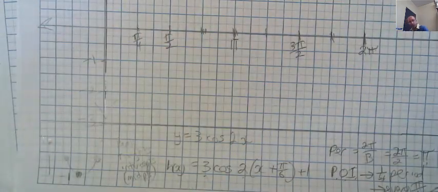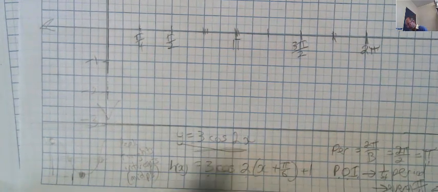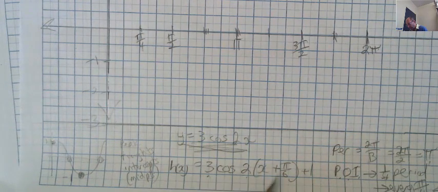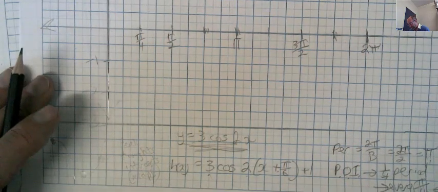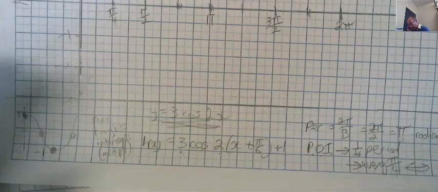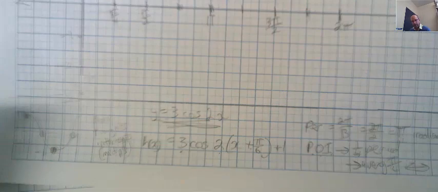Without worrying about the translations, just looking at the shape. So that's what we're going to do first, and then we're going to put in these translations next. So we've got our amplitude, it's 3. We've got our period, which is pi. We're ready to plot that.